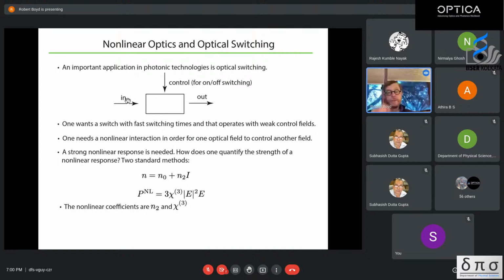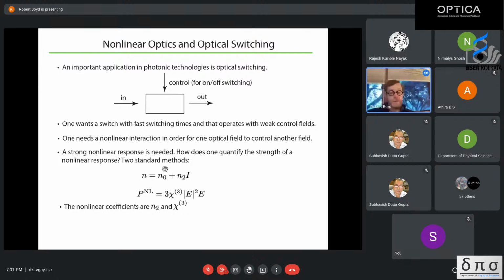And this schematically shows a beam of light entering a switch, leaving a switch. Here's the control. And whether the control is on or off, it determines whether or not this input beam can transit the material. So what would you want for a good switch? Well, you'd want fast switching times, and you'd want it to be able to operate with weak fields.